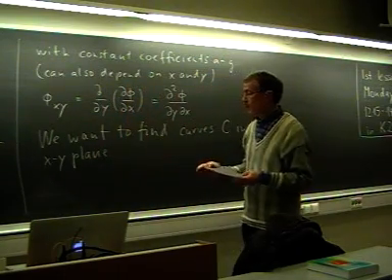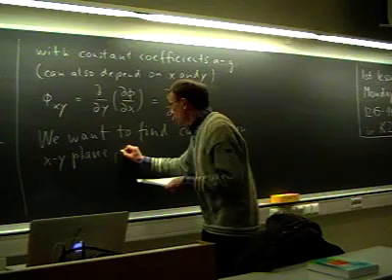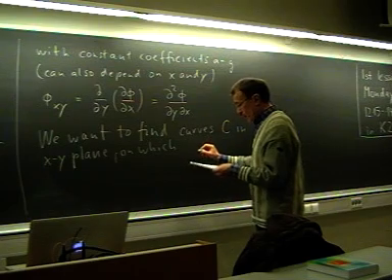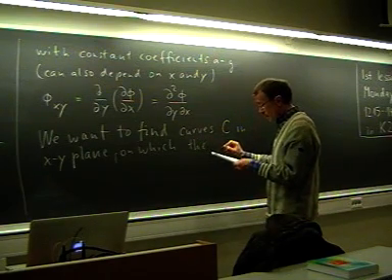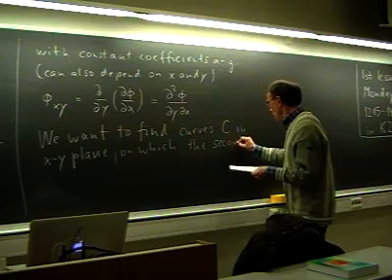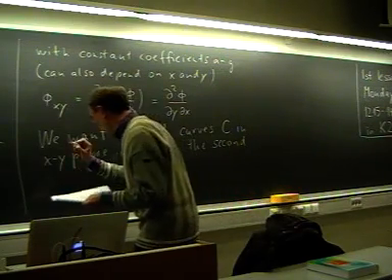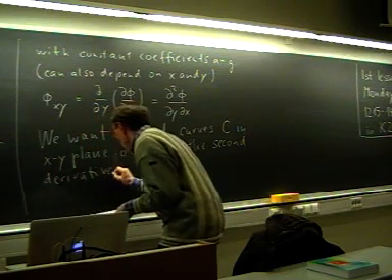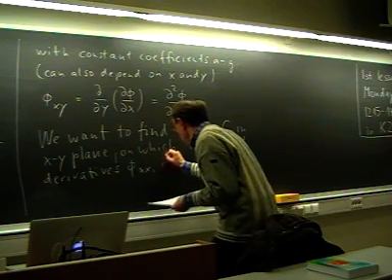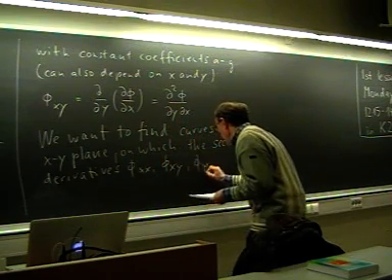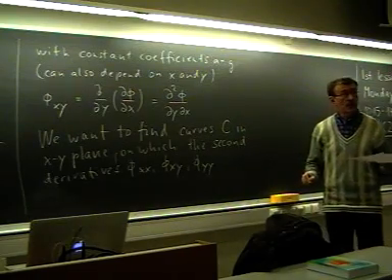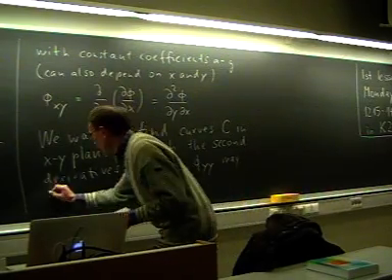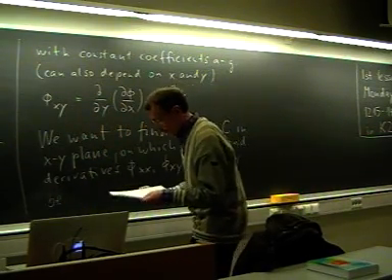We are in 2 dimensions, and on these curves we want to see on which the second derivatives that we have of our dependent variable, phi xx, phi xy, and phi yy, may be discontinuous, so that they have a special property on these curves.